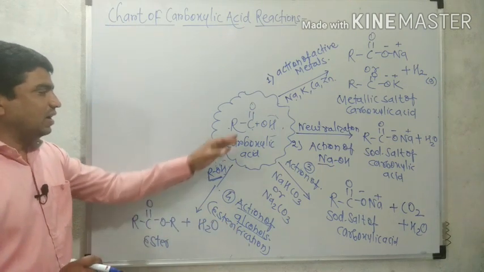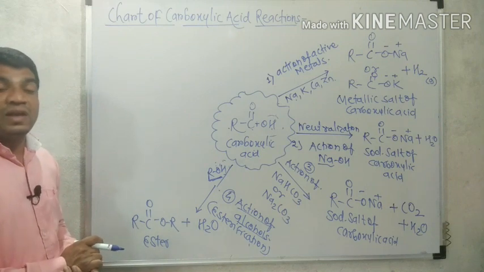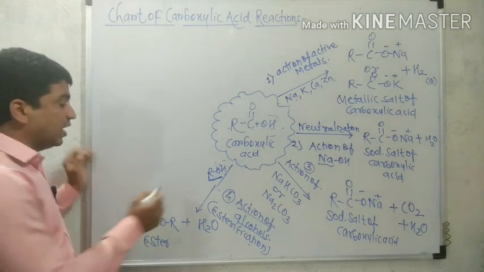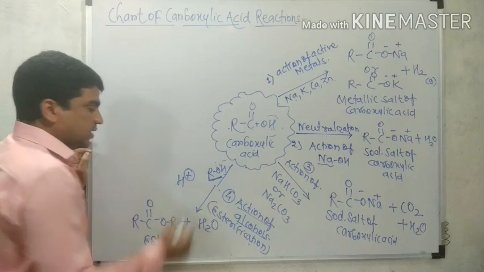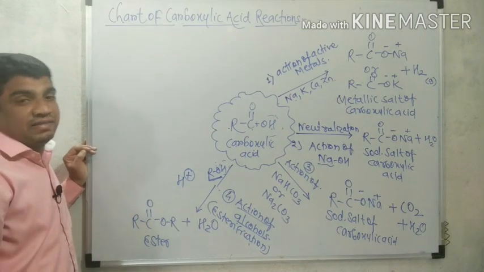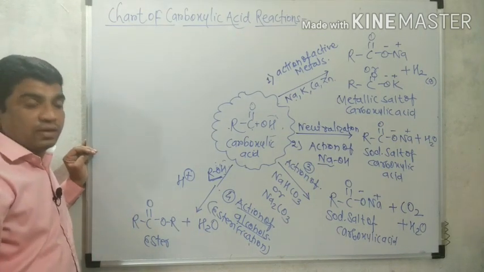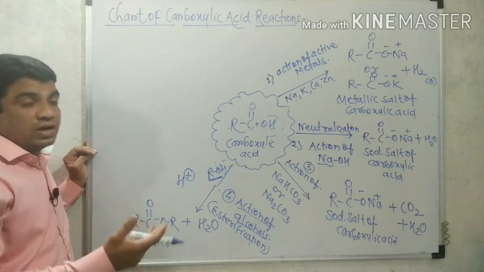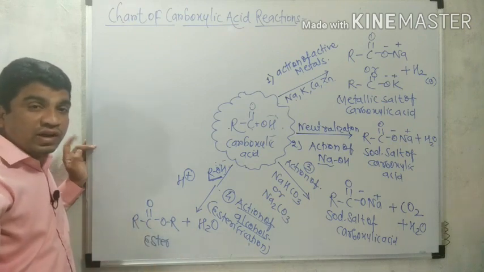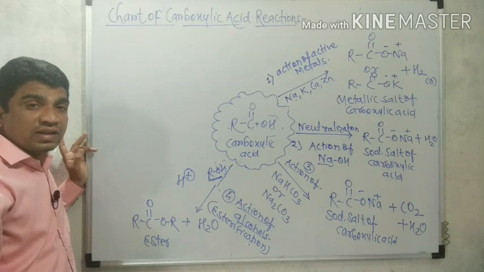When alcohol reacts with carboxylic acid, in the presence of an important thing, that is acid H plus, if we use concentrated H2SO4, then we need the temperature 413 Kelvin.